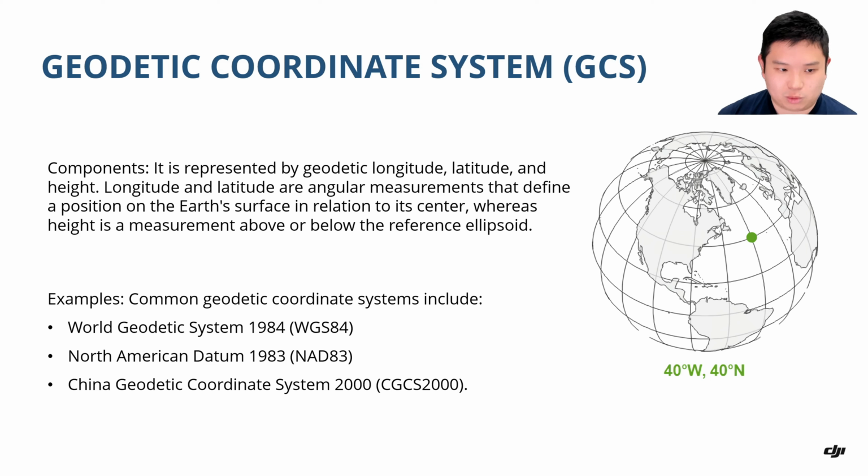We have North American Datum 1983, or in short NAD 83, which is also commonly used, but for the North American region. And we also have China Geodetic Coordinate System 2000, or in short CGCS 2000, which is widely used in China. So as you can see, these systems exist based on different reference ellipsoids, and they're used differently based on the region.